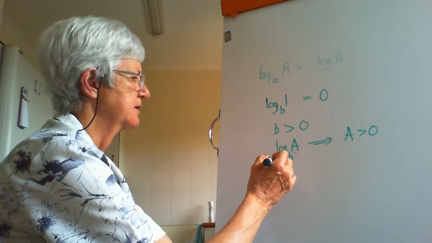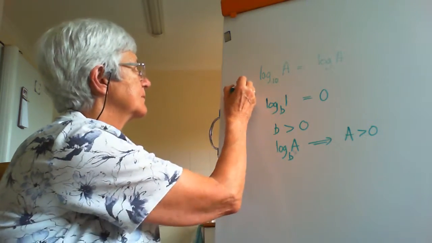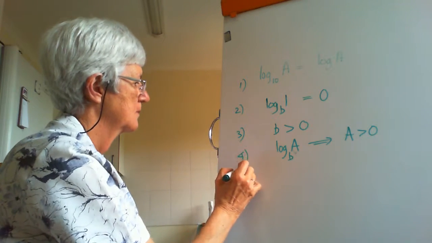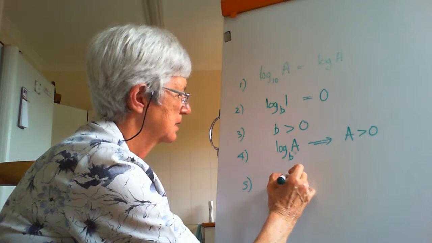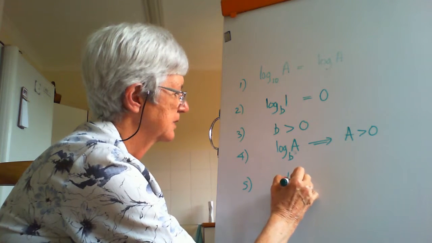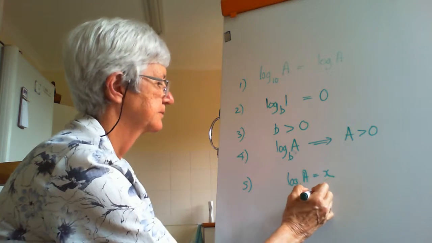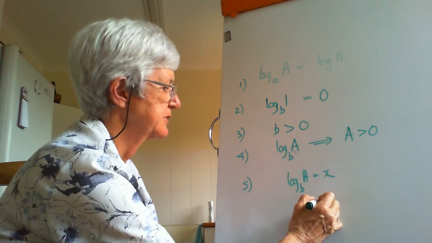And then just one other thing, look at this statement. If I said to you that the log to the base b of a equals x, then clearly a would be b to the x.